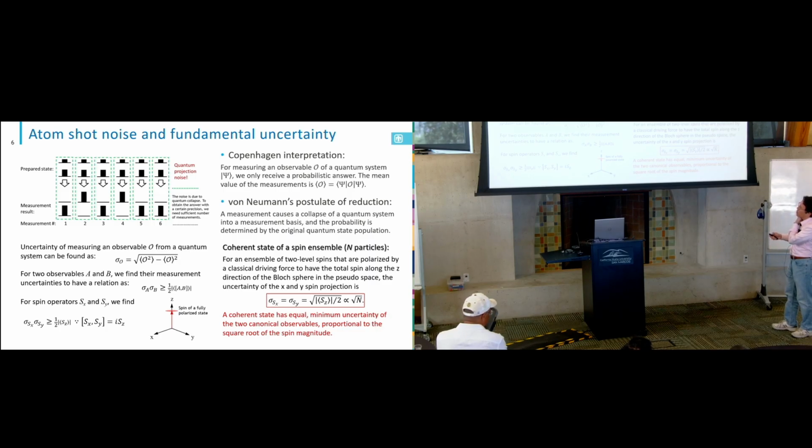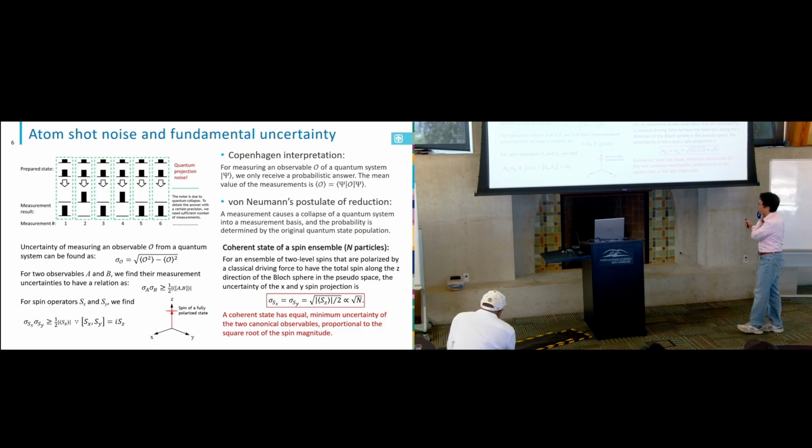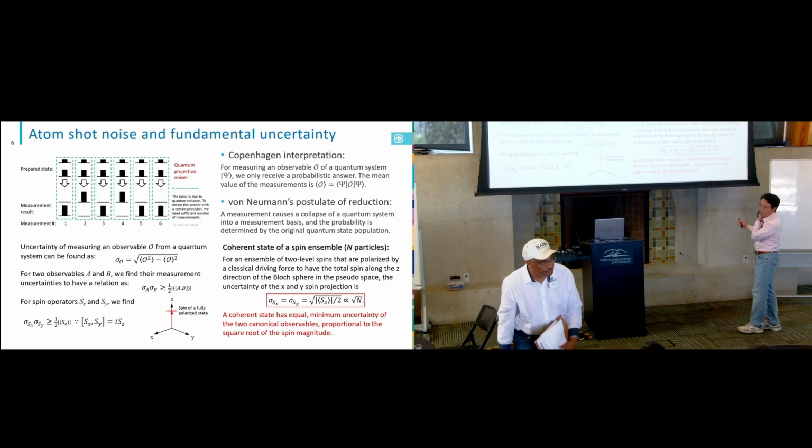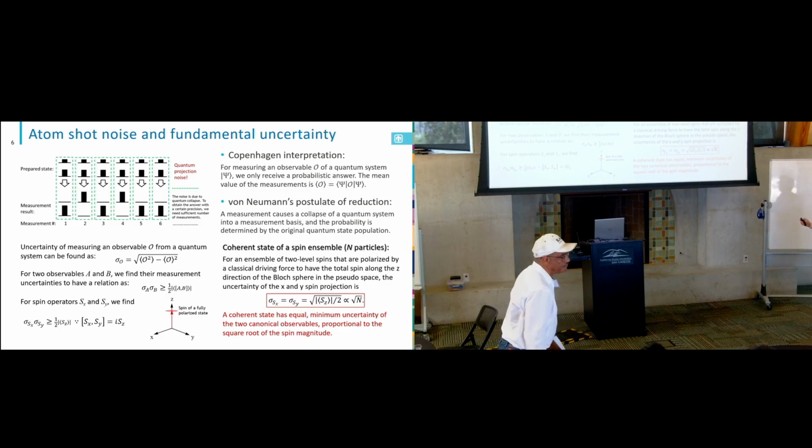And based on the Copenhagen interpretation, a quantum state gives you some kind of probability. If you try to measure a specific observable, you get the probability of getting that value. It's not an absolute number, meaning it has uncertainty. So whenever you measure, it comes with uncertainty, and that uncertainty actually limits our measurement precision, right?